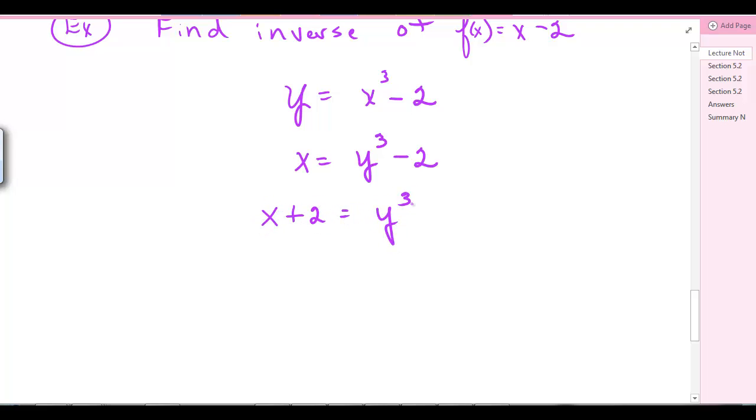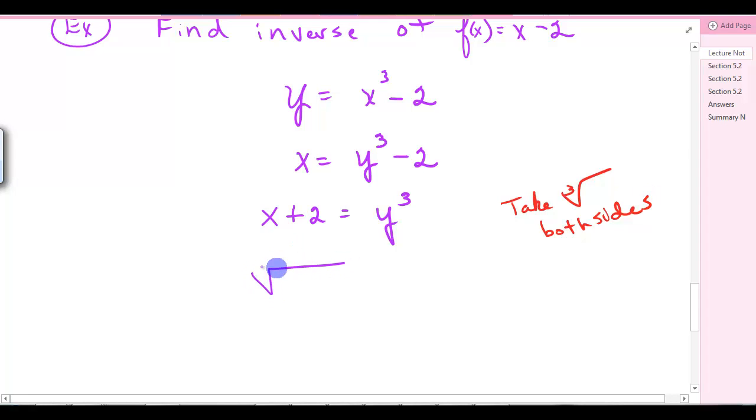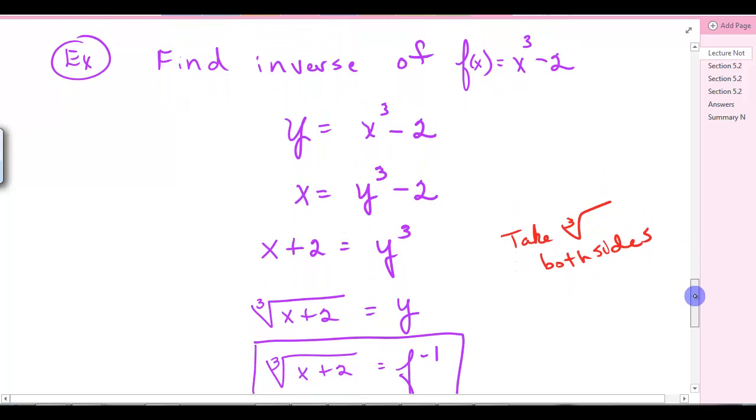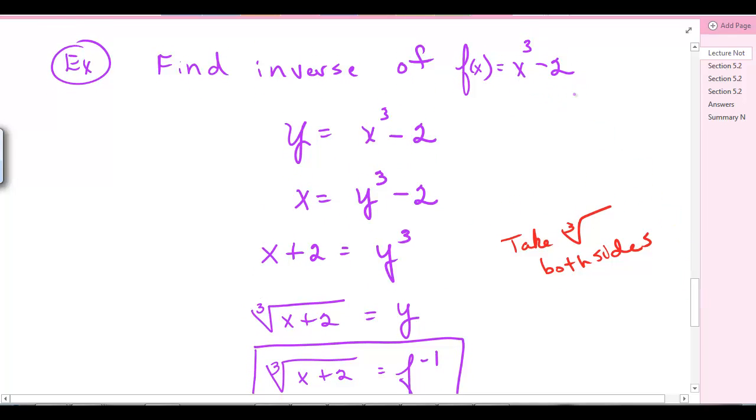And then I've got y cubed, but I need that to be y, so I'm going to take the cube root of both sides. So I would end up with the cube root of x plus 2 equals y. And then the last step would be to change that y into f inverse. And you have found the inverse of our original equation, x cubed minus 2.